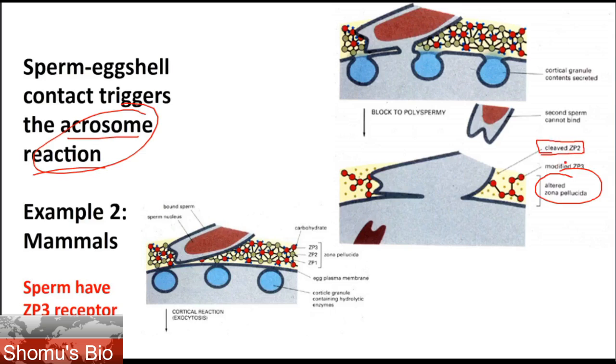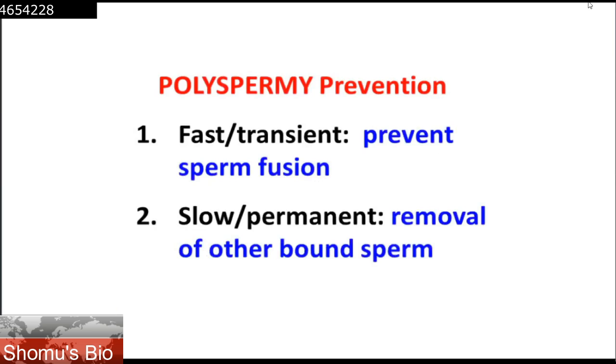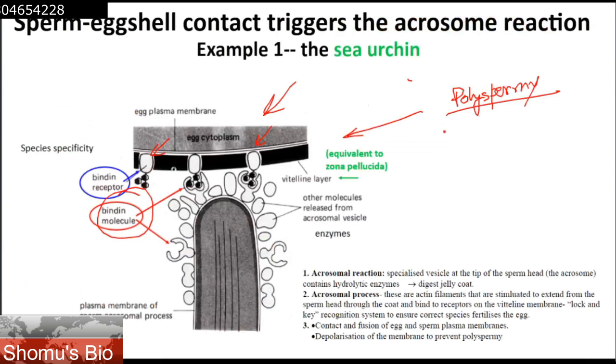So ZP3, ZP2, these are the structures that were present. They form these ECM structures outside the egg, or ZP1 as well. Now, due to the release of this acrosomal content, ZP3 only survives, ZP2 is destroyed, and ZP1 is also modified. As a result, this modification will not allow further sperm binding. It causes a few things.